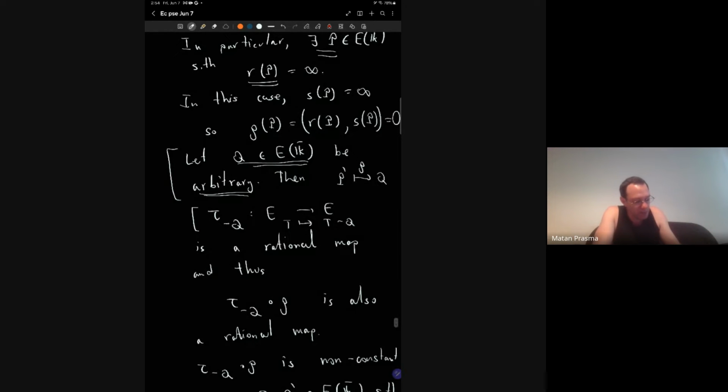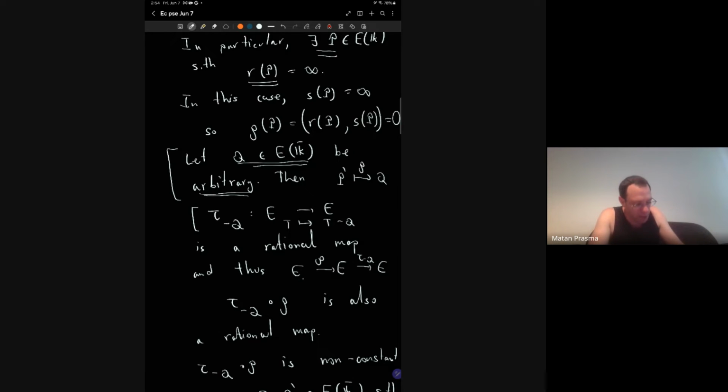If it is a rational map, I can compose it with another rational map. So I have translation by minus Q, and I also have rho.